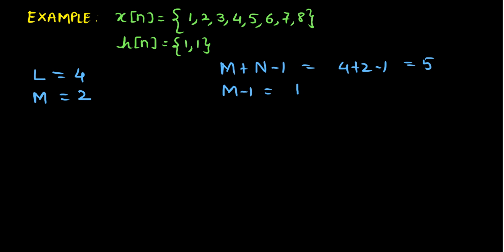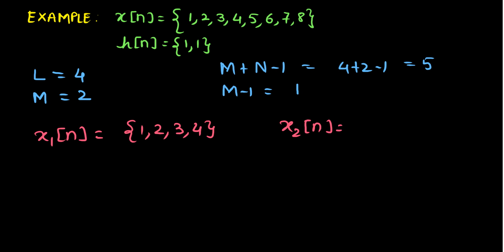And now we need to split this x of n into two parts, each of length L equal to 4. So the first part, that is x1 of n, would be given as 1, 2, 3, 4, and the second part, that is x2 of n, would be given as 5, 6, 7, 8. Now we had seen that when we need to make them of length 5, or m plus L minus 1, then we need to consider m minus 1 points of the previous block.